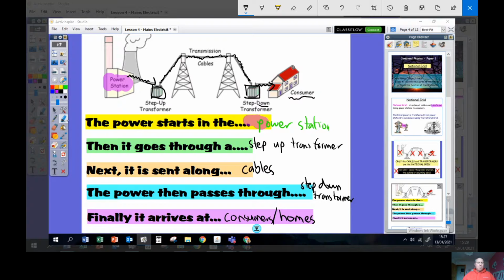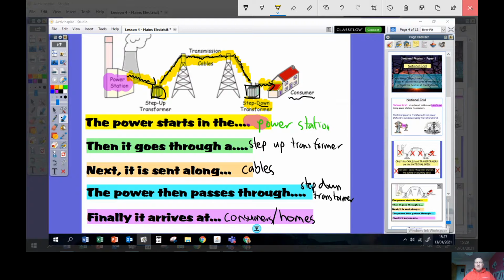So it's been on that whole big journey. The electric power comes out of a power station, then goes through a step-up transformer, along the transmission cables, through a step-down transformer before it goes into our homes or whichever consumer it's going to.